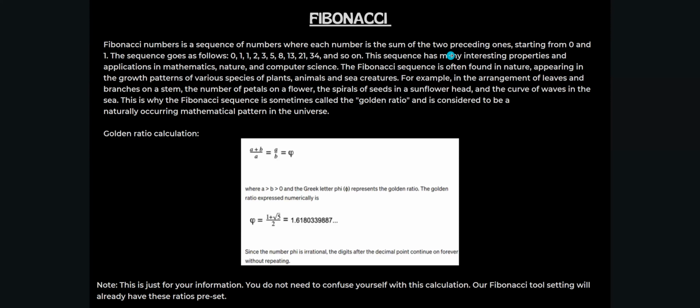This sequence has many interesting properties and applications in mathematics, nature, and computer science. The Fibonacci sequence is often found in nature, and it applies to things such as the patterns of various species of plants, the way leaves grow, animals, sea creatures, the arrangement of leaves and branches on a stem, the number of petals on a flower.